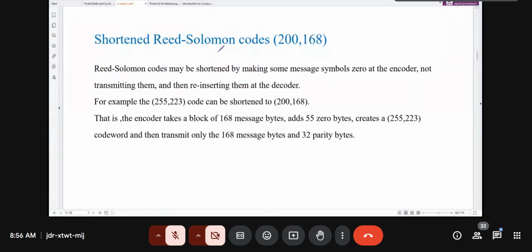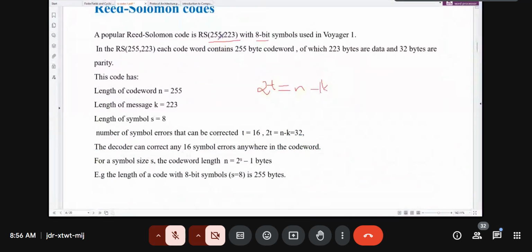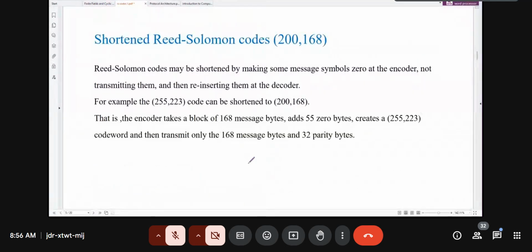Now, it's interesting, of course, we can have what we call shortened Reed-Solomon codes. Instead of the 255, what we normally do is get the shortened code, which is, you take 168 message bytes, you add 55 zero bytes.